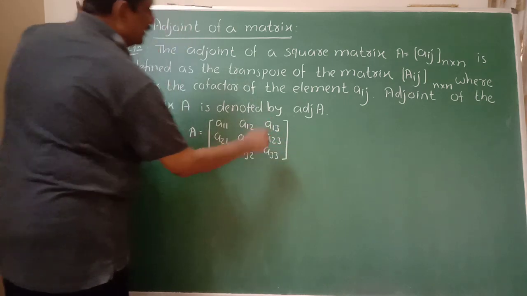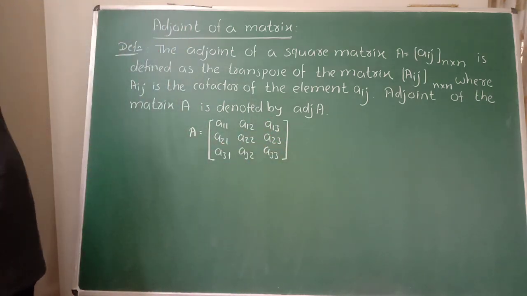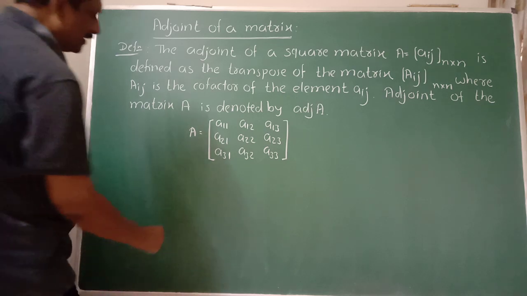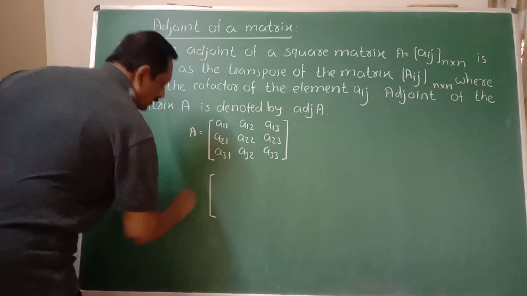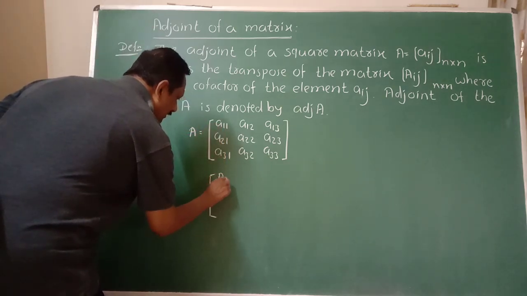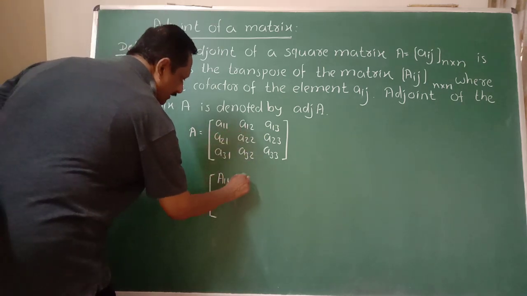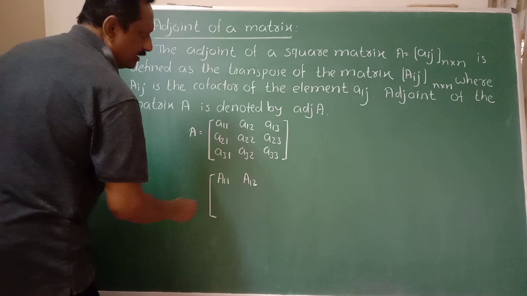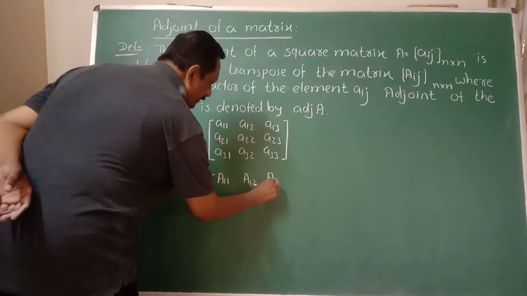It is a matrix of order 3, three rows and three columns. Then the cofactors of these elements: a11 is the element, its cofactor is capital A11. a12 is the element, its cofactor is A12. a13 is an element, its cofactor is A13.